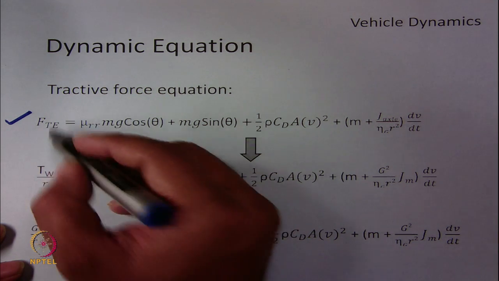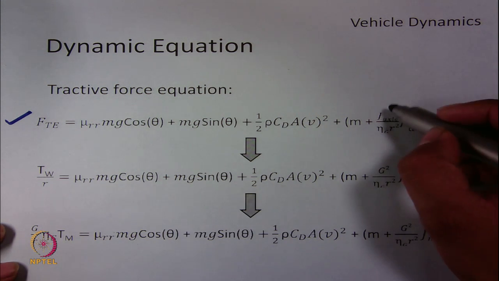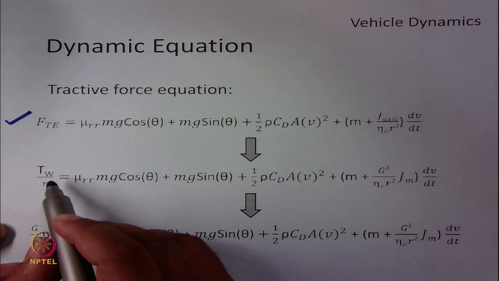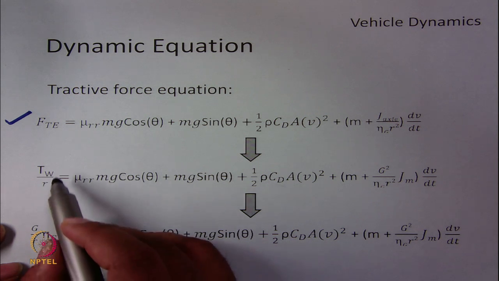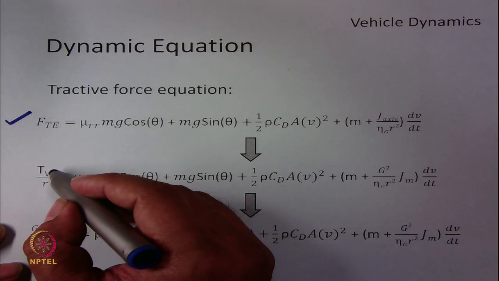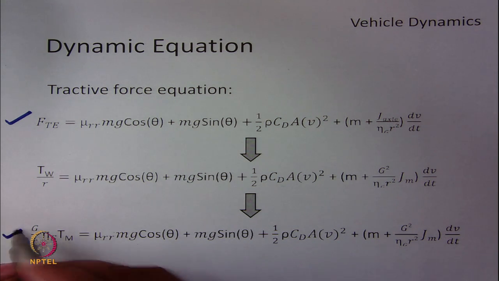We know FTE is the torque on the wheels divided by R, and also the relation of J axle with respect to the inertia of the motor. We can also substitute the motor torque in place of the axle torque by means of the relation we have just seen.